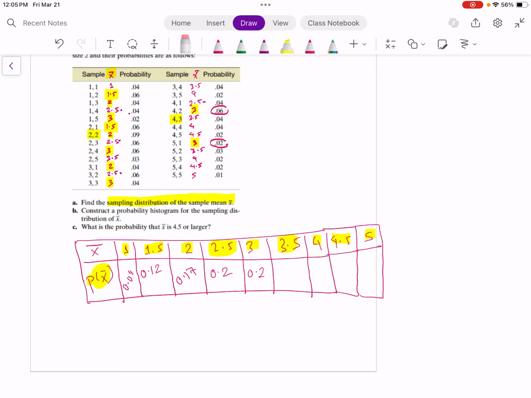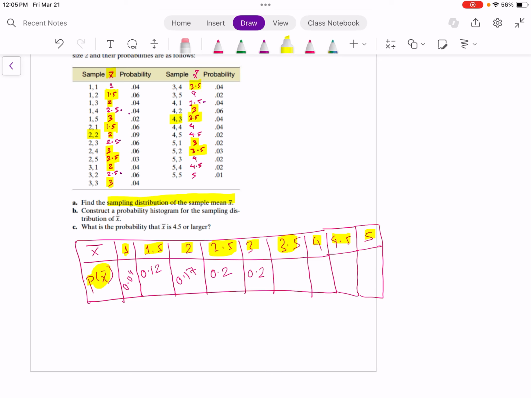Now let's find the probability that x bar takes the value 3.5. Let's see where we have 3.5. We have 3.5 here, here, here, and here.